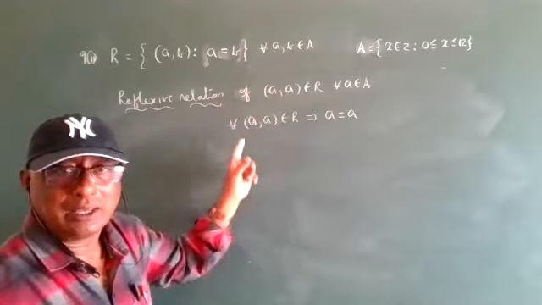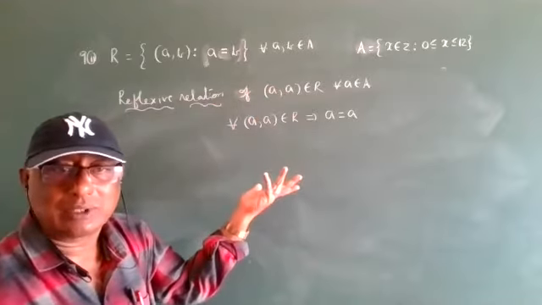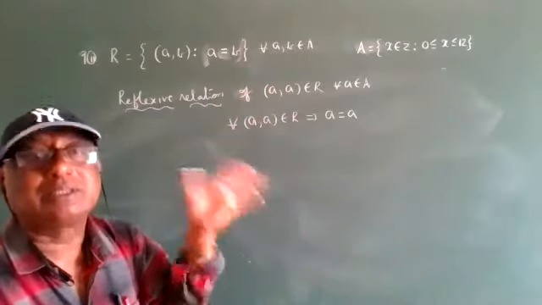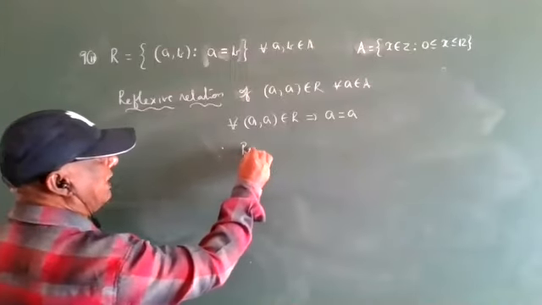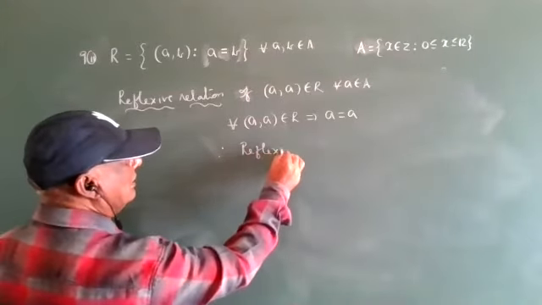Therefore, A comma A, both are equal. Equal means reflexive. Therefore, reflexive.